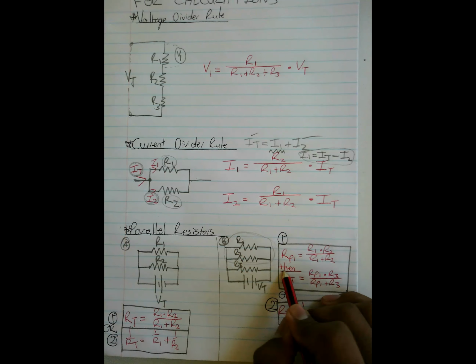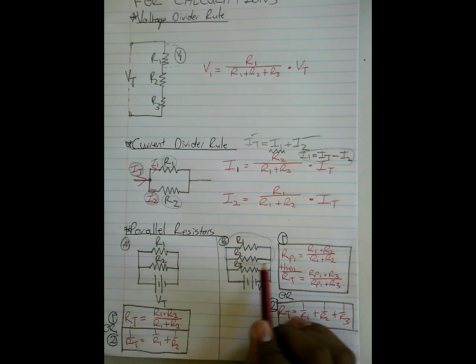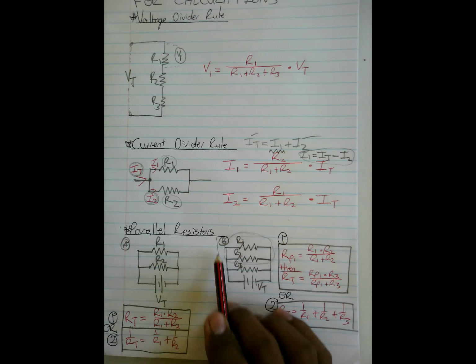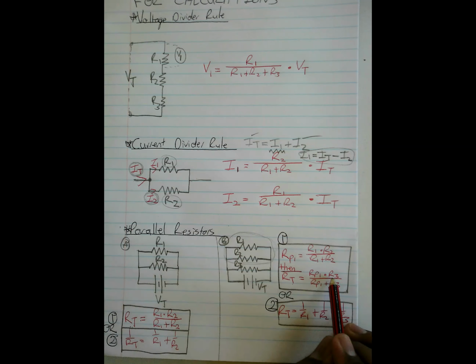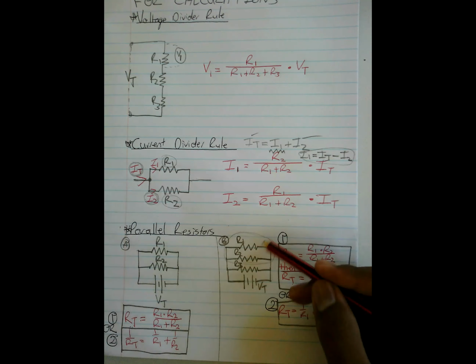Then, you're not done yet. To get the total resistance now, you're going to say RT equals the total parallel resistance of these top two, multiplied by R3, over the parallel resistance that we got plus R3. So quite a similar thing. It's a bit longer, but you can start with any one, actually.